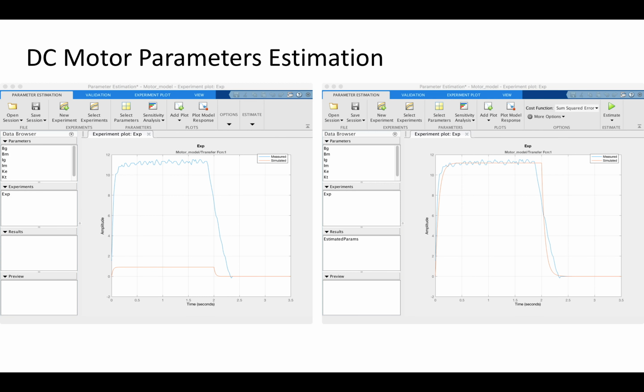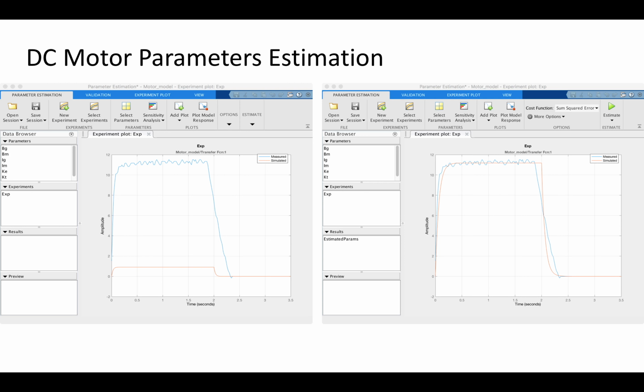Now, since we didn't have the parameters of the DC motor and we don't have the exact data sheet, we performed an experiment to estimate these parameters, which are the resistor, the back EMF constant, and many more constants related to the DC motor.